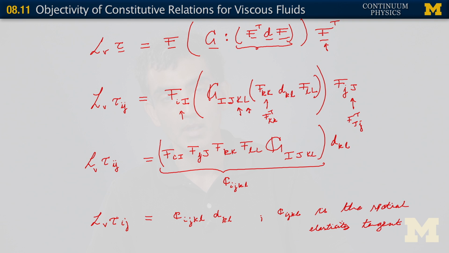Okay? Now observe, even in the case of the Saint Venant-Kirchhoff model, where our material elasticity tangent is a constant, right? Our spatial elasticity tangent is not constant, right? It is fundamentally a geometric object. The geometry of the deformation makes our spatial tangent fundamentally non-constant. Okay?